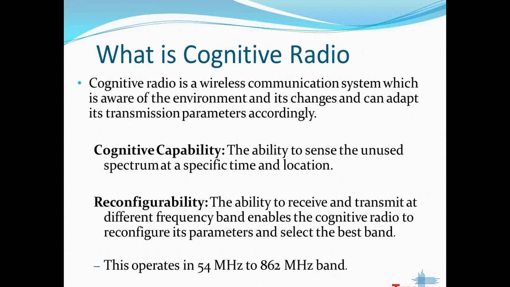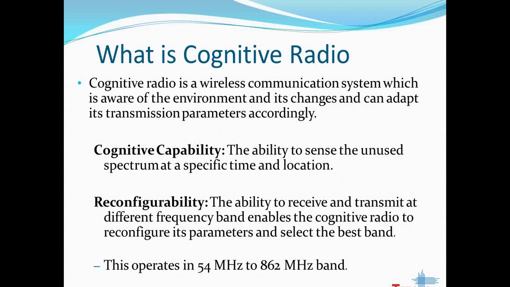So what is cognitive radio? Cognitive radio is a wireless communication system, and it has two important properties. The first is that it has to be aware of the environment and its changes, and accordingly it should adapt its transmission parameters. To be more specific, it needs to have cognitive capability. Cognitive capability means the ability to sense the unused spectrum in the environment at that specific time and location.